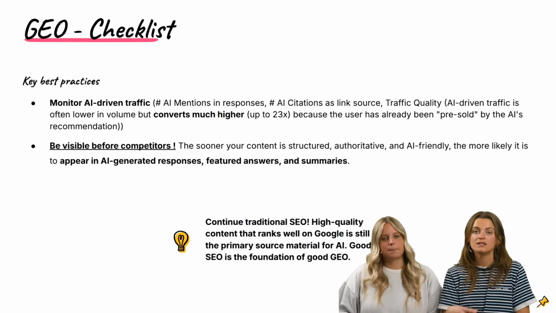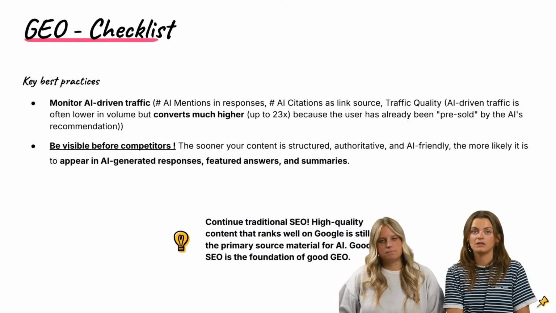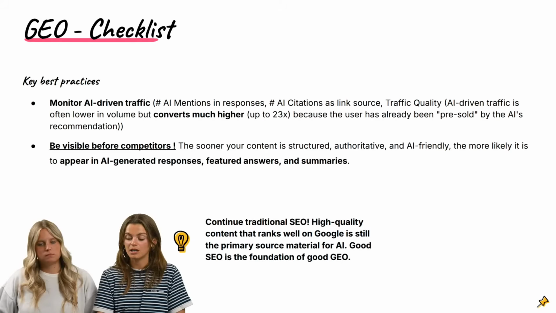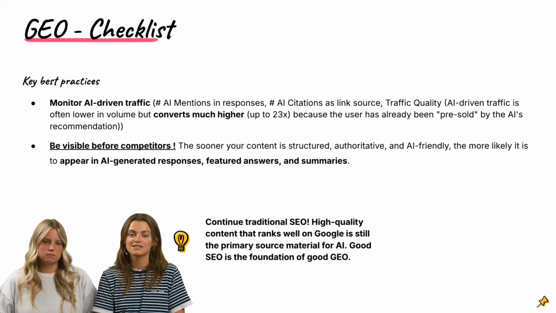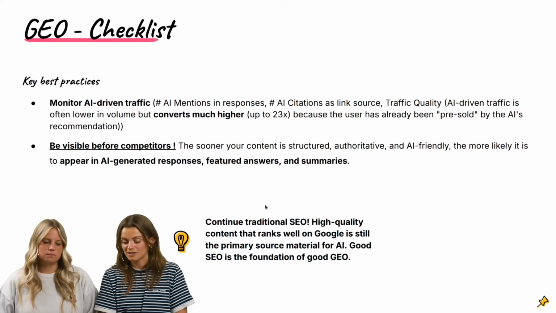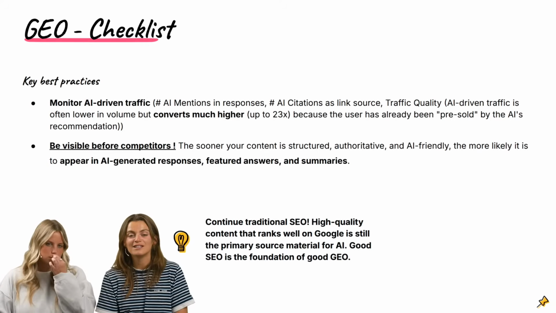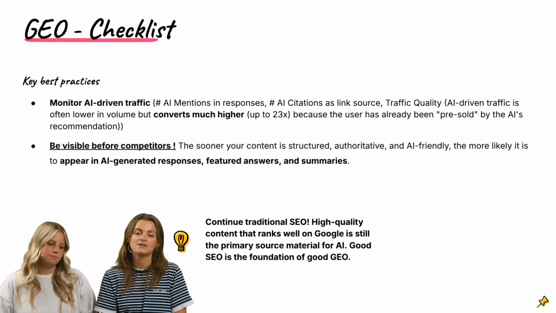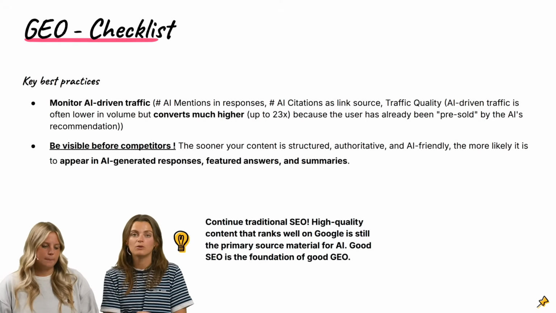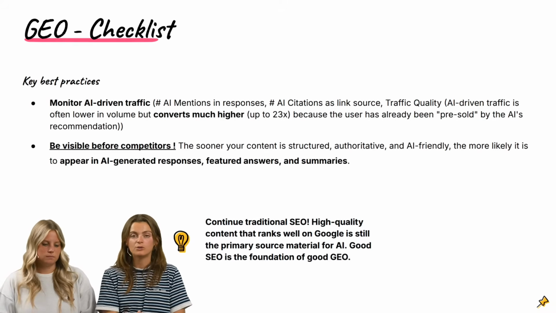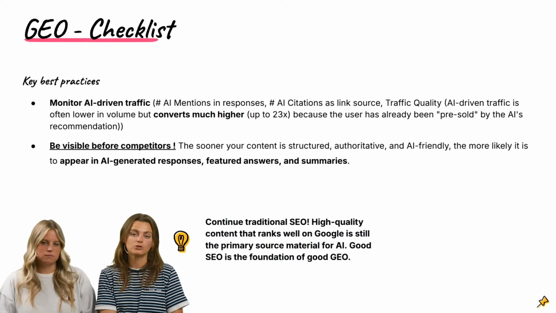So try to see what is mentioned when you're making a search with an AI tool. And make sure that you appear before the others. And the most important thing is to continue making traditional SEO. Try to write high quality content that can be used by AI, but also by Google, just to show your results at the top, because good SEO is the foundation for good GEO.